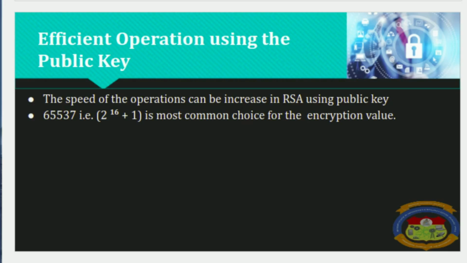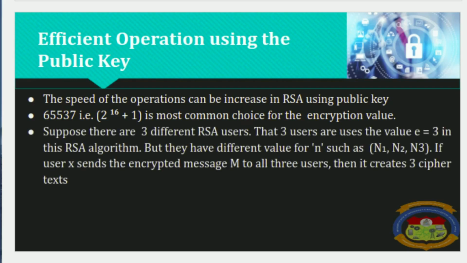When we use a very small public key, suppose e is equal to 3, then the RSA algorithm becomes vulnerable to a simple attack. Let's take an example with 3 different RSA users who all use the value e equal to 3. They have different values of n, each with a unique value called n1, n2, n3. If user X sends the encrypted message to all 3 users, it creates 3 ciphertexts.